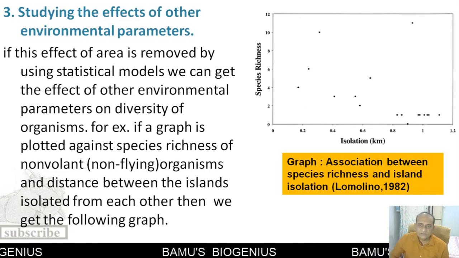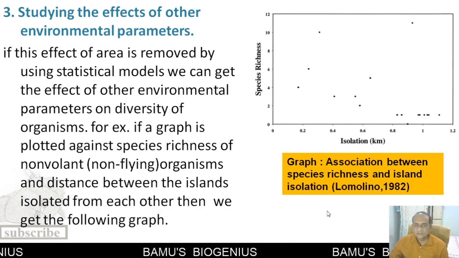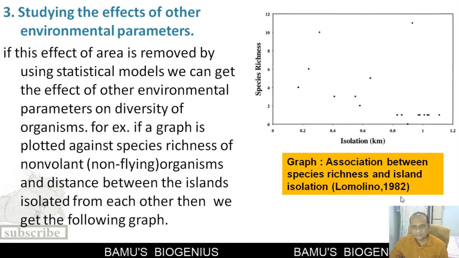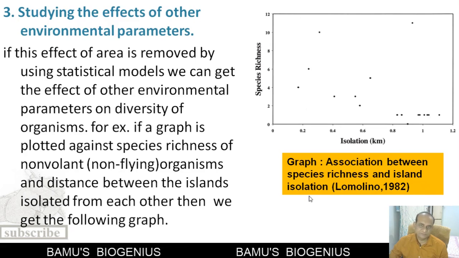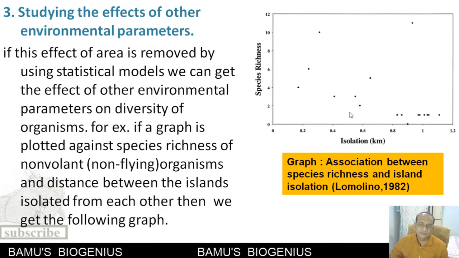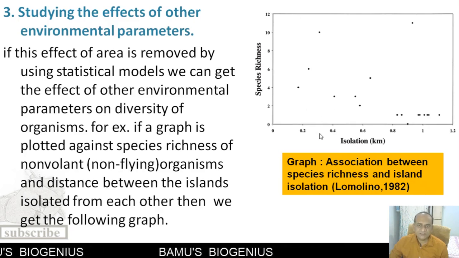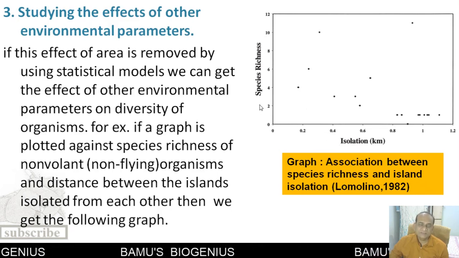For example, this is a study done by Lomolino in 1982. It shows the association between species richness and island isolation. So here they have removed the area and just studied the isolation and species richness.